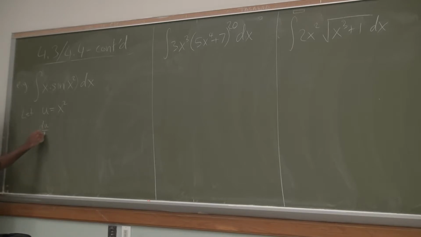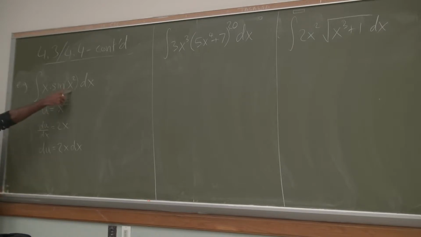So if you take du dx, you get 2x, which means du is equal to 2x dx. Mostly we will skip this step, but I just want to show you that you just write this down. So you have u equals x squared, du would be 2x dx. So now you see here, you're going to want to try to swap things out of this integral so that I get something nicer.